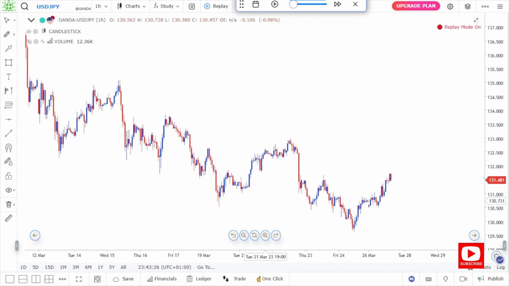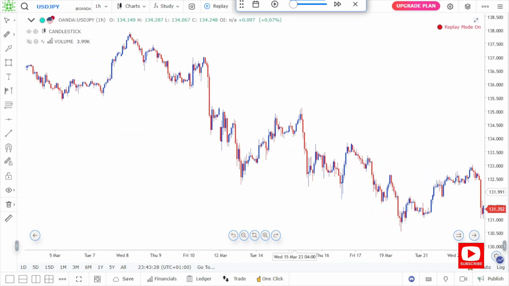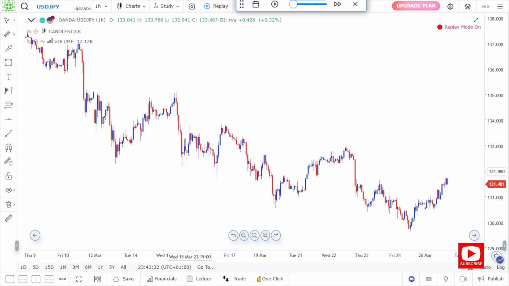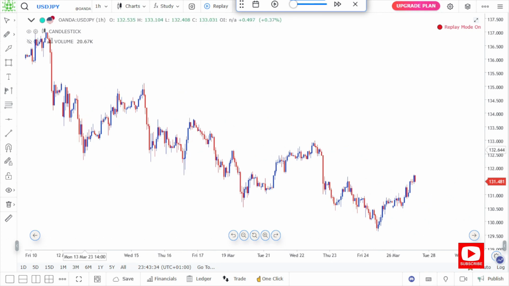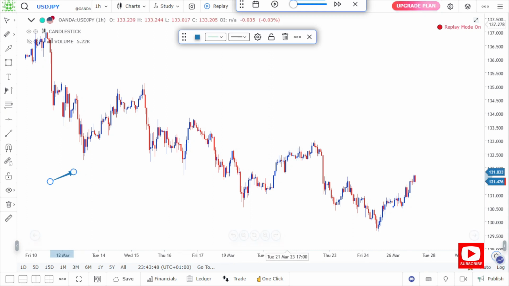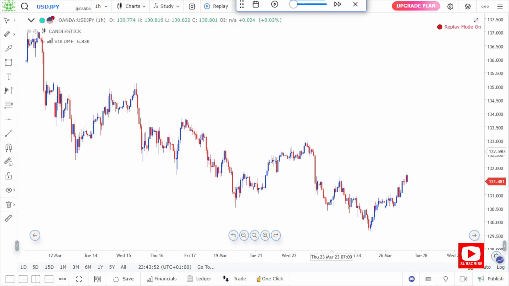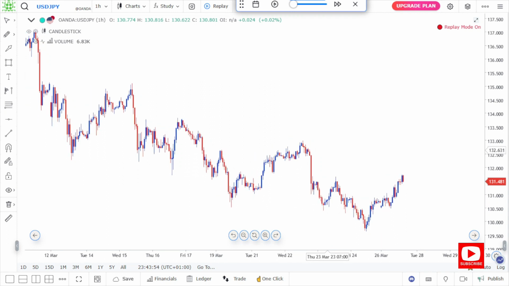Okay, right here we can first see that the market is in a downtrend. How do I know? The market is making lower lows, higher low, lower low, higher low, lower low, higher low, lower low. I'm using this tool just to show that we are in the bearish market.